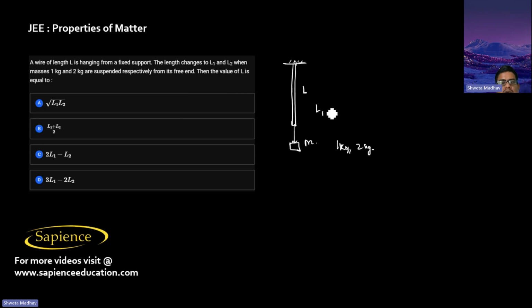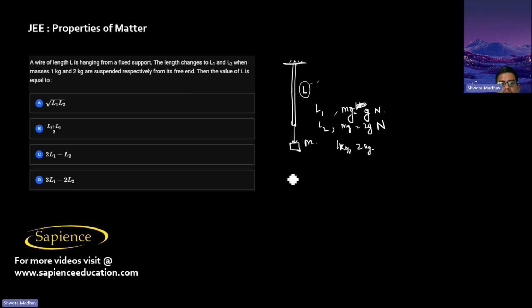So the length is L1 when mass M is 1 kg, means when the load mg will be equal to 1 into g, that is g Newton, and the length will be L2 when the weight mg is 2g in Newton. Then the value of L, so L is the natural length.